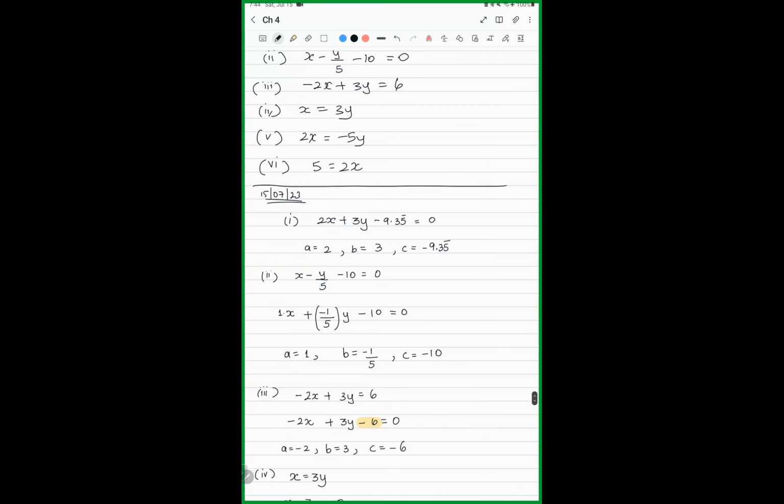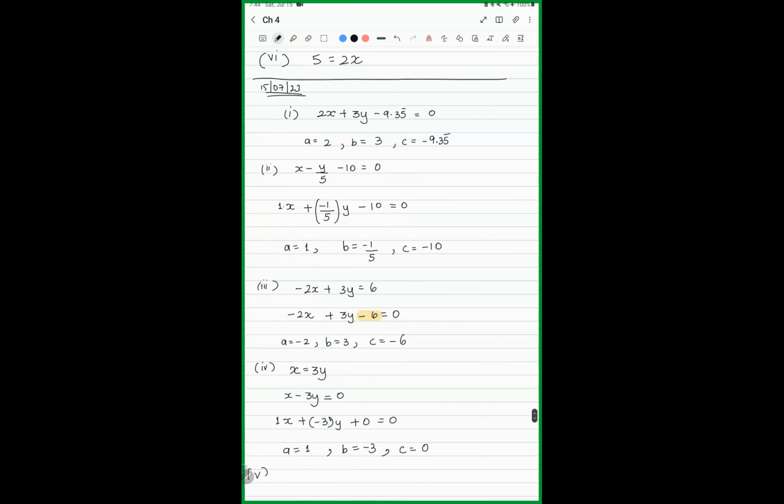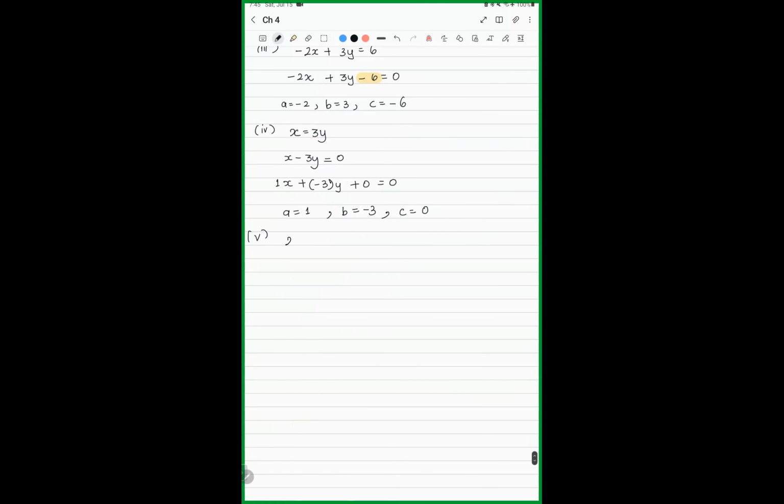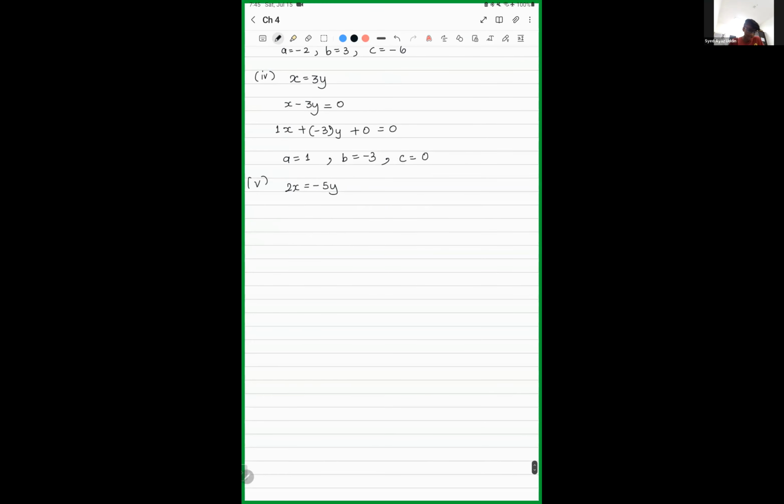Next, 2x is equal to minus 5y. 2x minus 5y equals 0. Then see, when this minus 5y goes to the left hand side, what will it become?